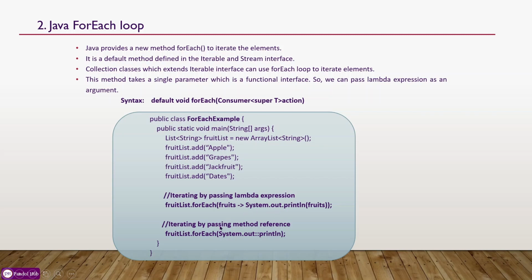If we use a method reference concept here, how to write it is fruit list dot forEach, and we are just having the sysout statement here. So System.out, which is the class, and we have the colon colon and the println. So this method of this package is being called for each and every element of the fruit list.